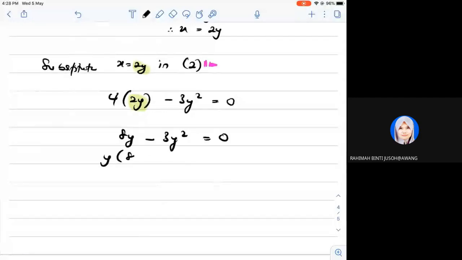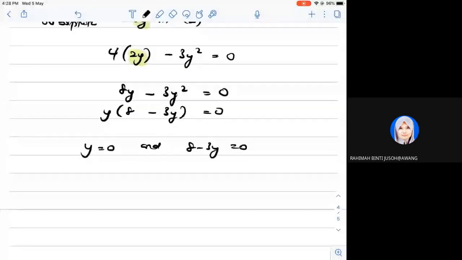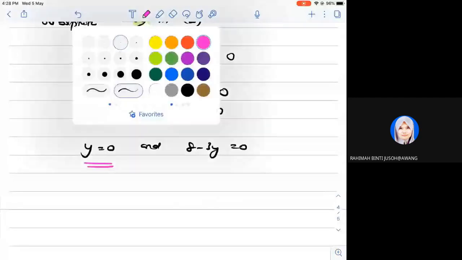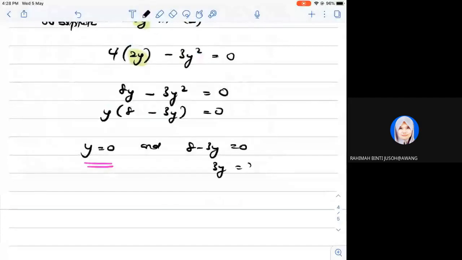So we have two equations here. The first one is y equals to 0. And another one is 8 minus 3y equals to 0. So satu dah ada dah. Y equals to 0. Satu lagi, 3y equals to 8. So y equals to 8 over 3. Macam tu. Okay, ni yang kedua lah.